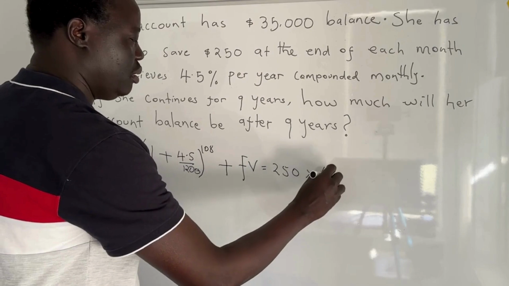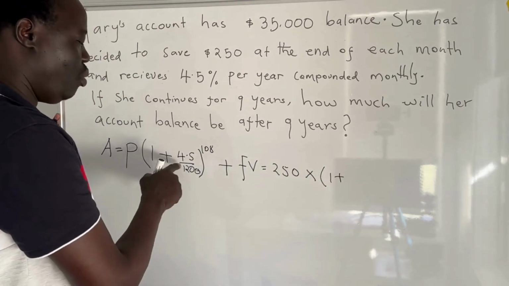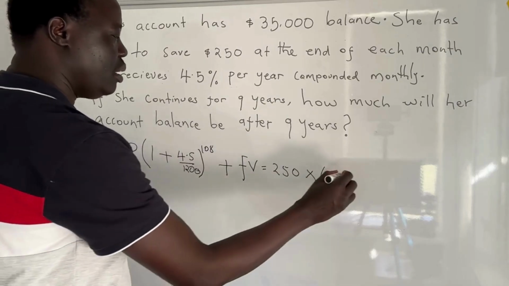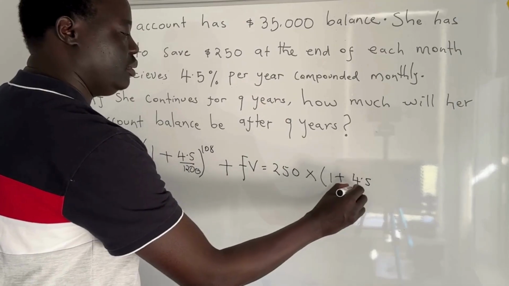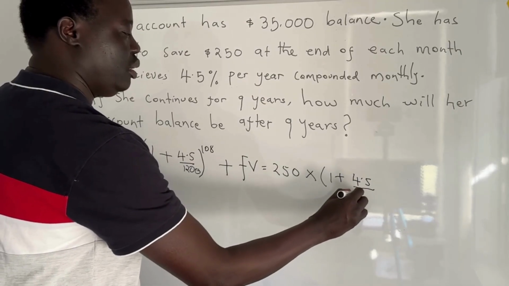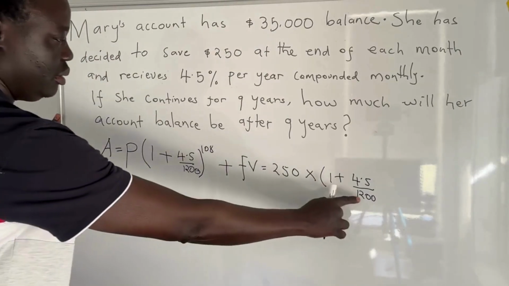1 plus, like the one we're doing here, 1 plus 4.5 over 1200. And I already explained where we got this.